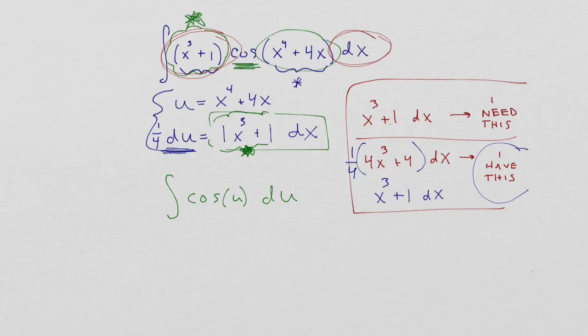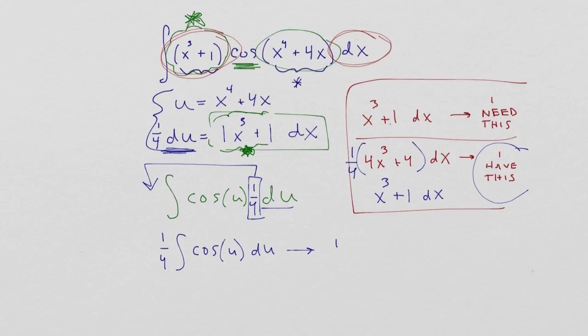So instead of just du, I'm going to write this as 1/4 du. But that looks sloppy, and if we remember our constant rule, any constant we can chuck out front. So what I've actually got now is 1/4 multiplied by the antiderivative of the cosine of u times du.